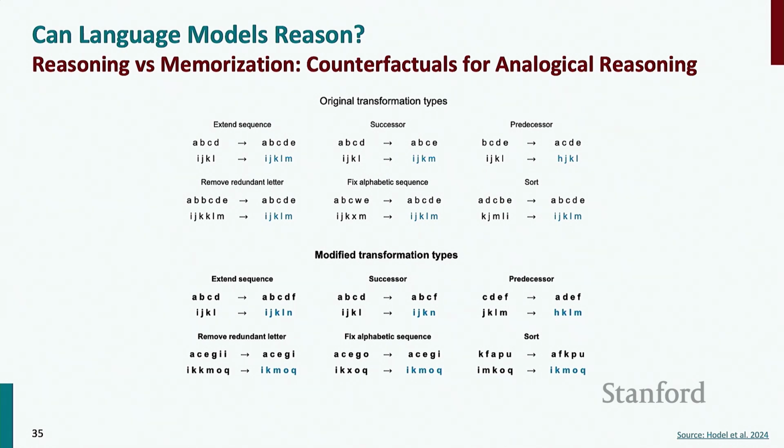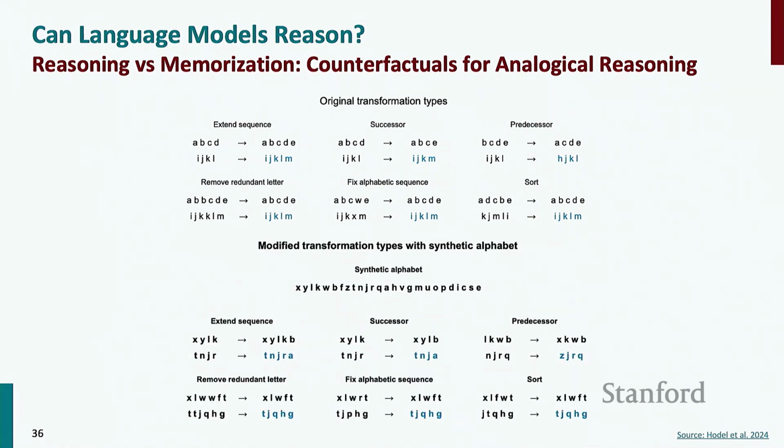Now the way you can make this into a counterfactual or something that is out of distribution is maybe you can change what the extend sequence task is. So now instead of outputting A, B, C, D, E, maybe the model has to output A, B, C, D, F. So instead of outputting the next character, it has to output one more, so the second character after the next, and so on.